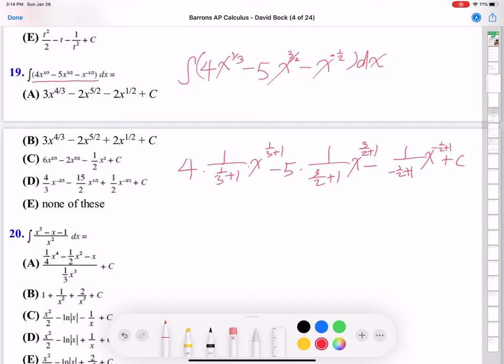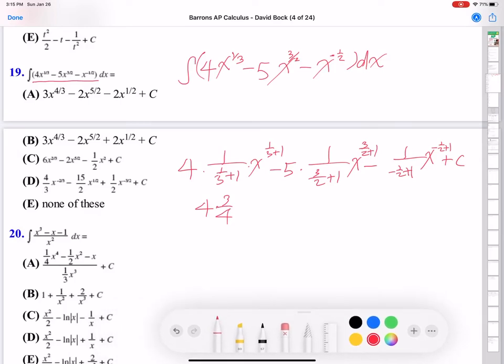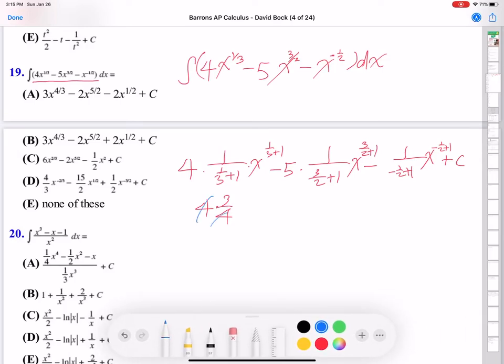And then simplify it. Okay, it's 4 times 3/4, so it crosses out. Just 3, right? 3x to the 4/3. A or B. Okay, what about this part? Negative 5 times 2/5, crosses out. 2 times x to the 5/2.